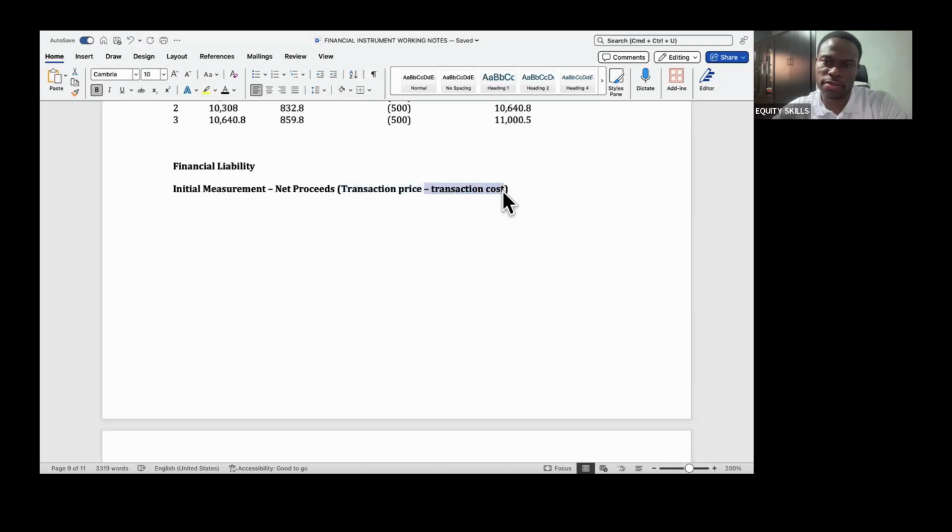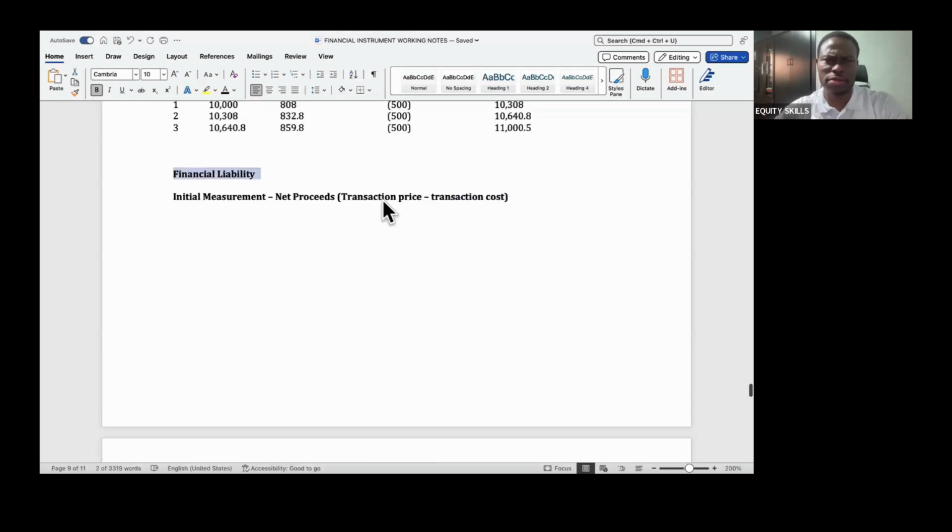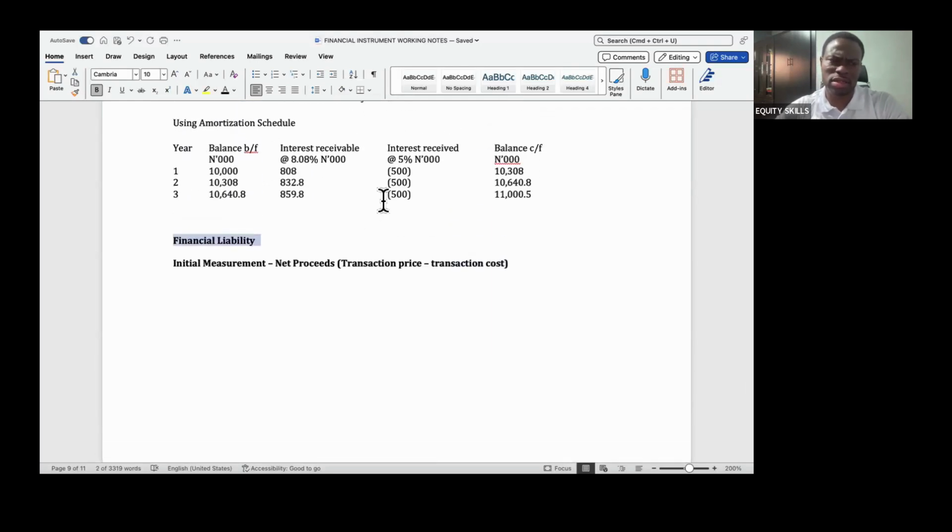Transaction cost will be the money you're paying to stockbrokers. And why is this one being deducted? It's because you are the one collecting money. This is the financial liability. You are the one borrowing money. So it's like you borrowed 10 million. The bank or whoever gave you the money, you now have to pay some fees to your stockbroker or whoever. It will be out of the money you have borrowed.